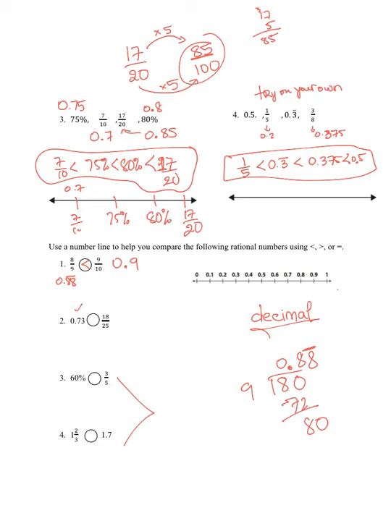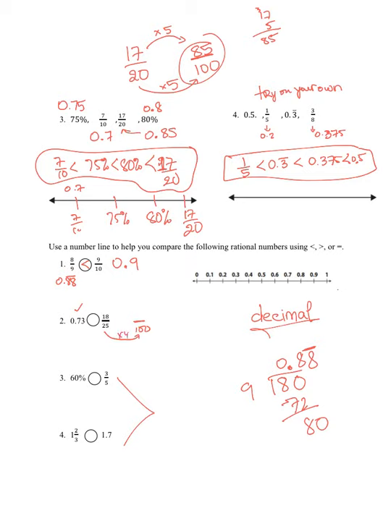Number 2, 0.73 is easy. 18 over 25. Okay, you can divide to get the decimal, but I'm going to show you a quick way. Out of 100. Okay, so how many times does 25 go into 100? 4.